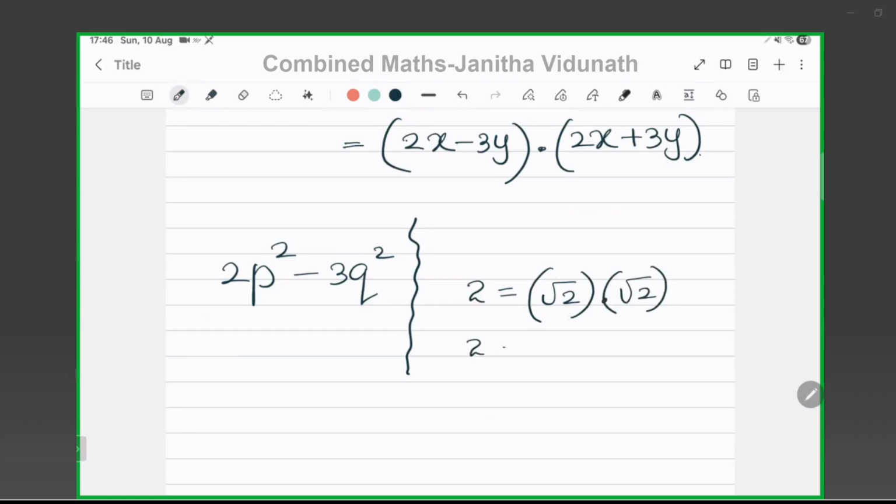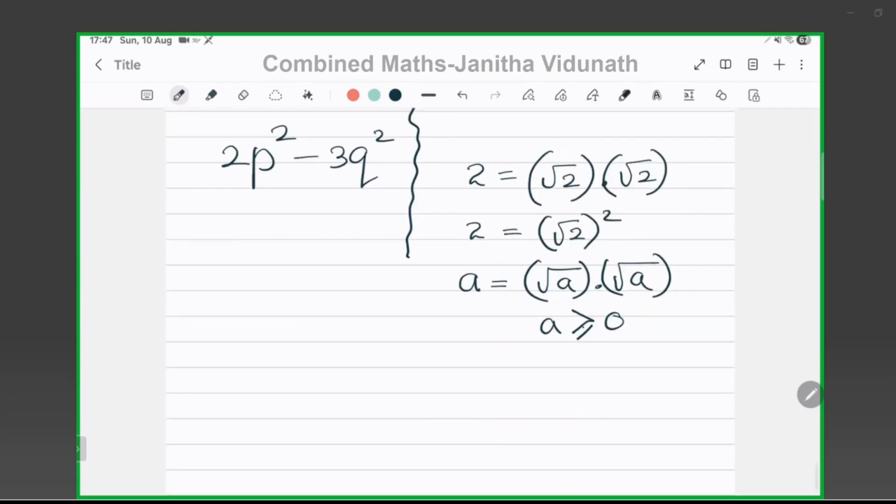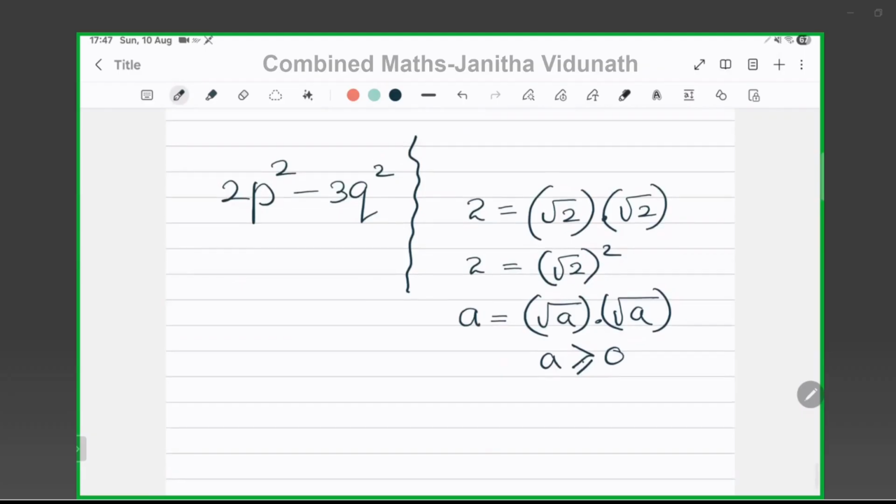That means 2 can be written as root 2 whole squared. And likewise, any positive number a, we can simply write as square root a times square root a, if a is greater than or equal to 0. Likewise, we can write 3 as square root 3 times square root 3. This means square root 3 is whole squared.